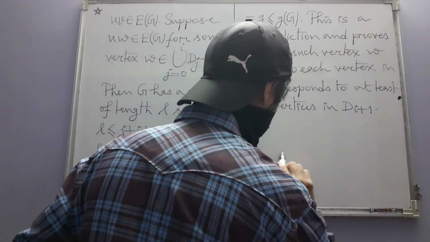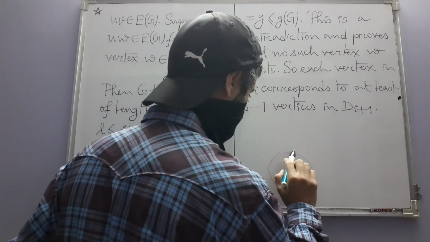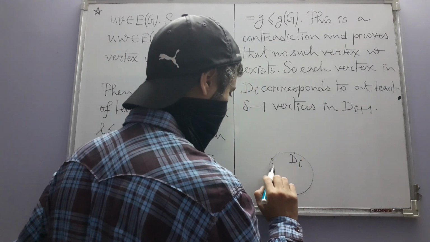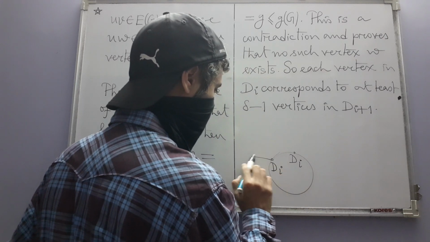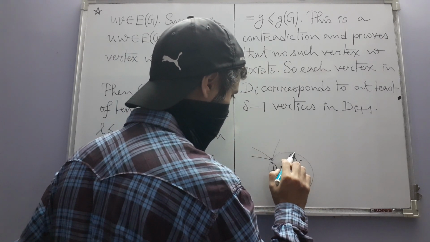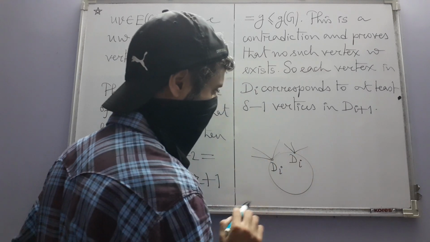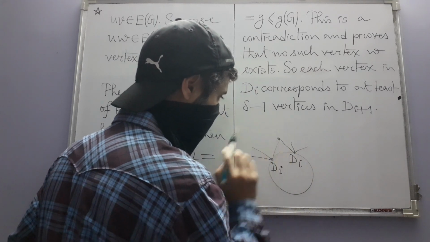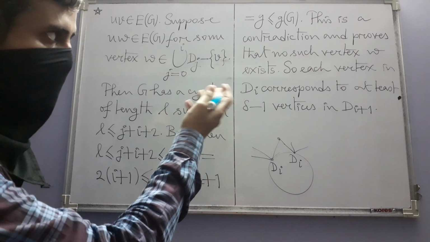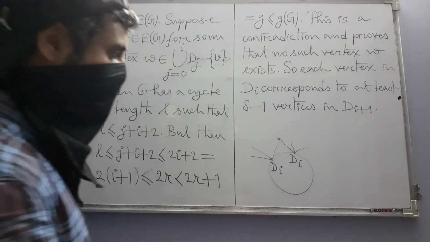Can we have something like this? Say this is a vertex in D_i, this is another vertex in D_i. This one is contributing delta minus 1 vertices, and this one is also contributing delta minus 1 vertices, but we have common contribution. If that happens, then of course we cannot directly write that inequality.